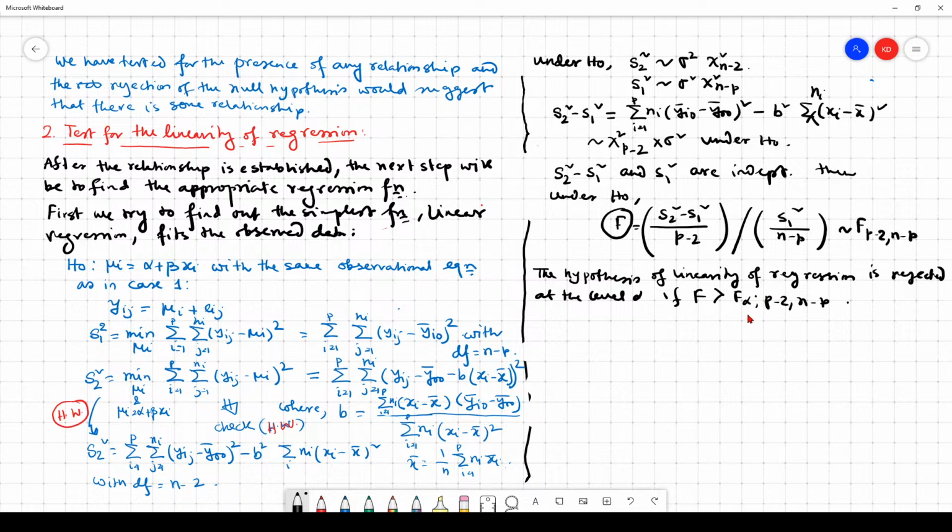This is the upper alpha percentile of F distribution with p minus 2, n minus p degrees of freedom.